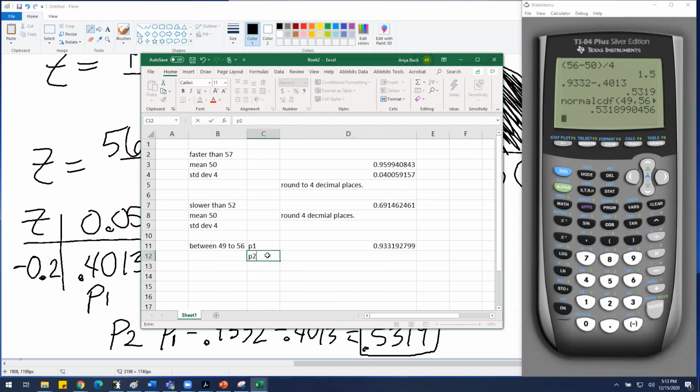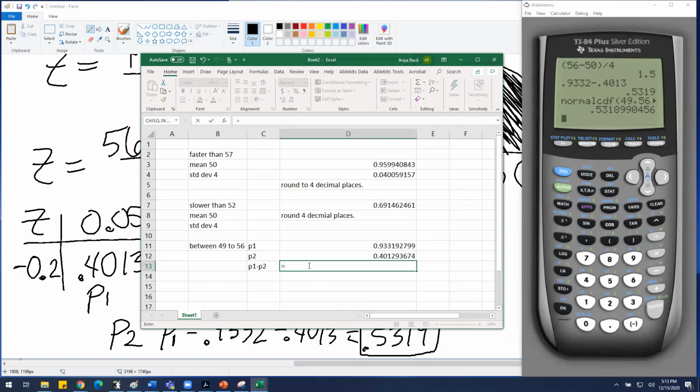Find the second p-value. You'll use the smaller speed in this case. So normal distribution. The smaller speed was 49. The mean of 50. Standard deviation 4. True for a cumulative distribution. And then to find your final probability between the two speeds, you take P1 minus P2.